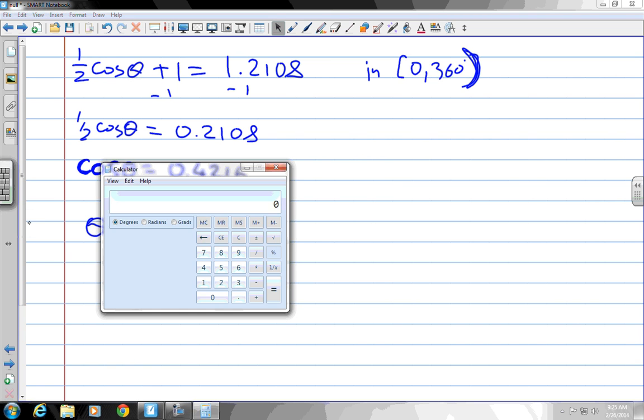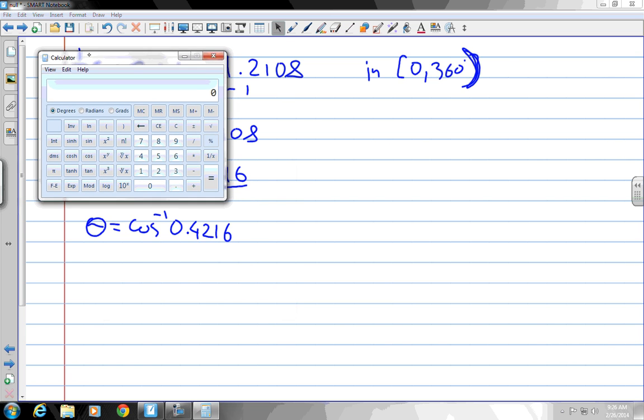Since the question was find the solutions from 0 to 360, I have to make sure my calculator is in degree mode, right? So I'll just go 0.4216 inverse cosine, so yeah, whatever, 65 degrees.